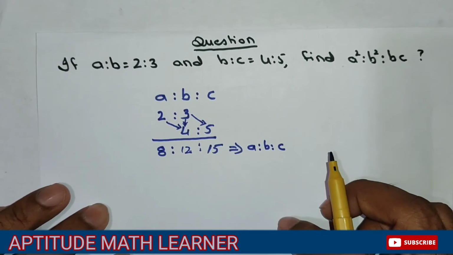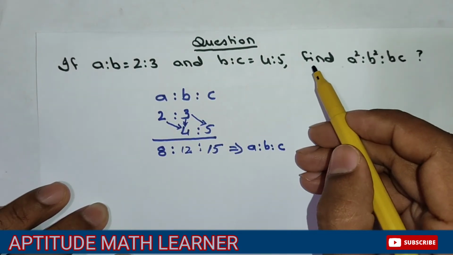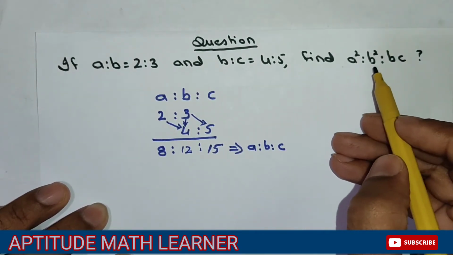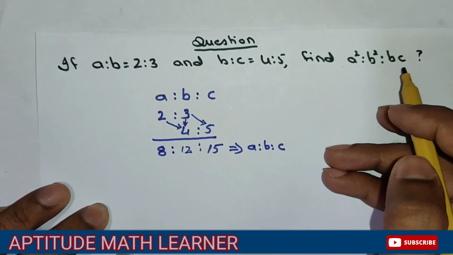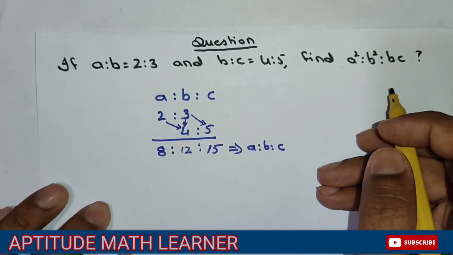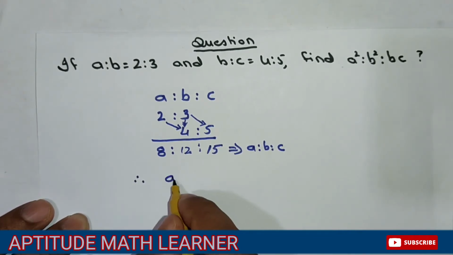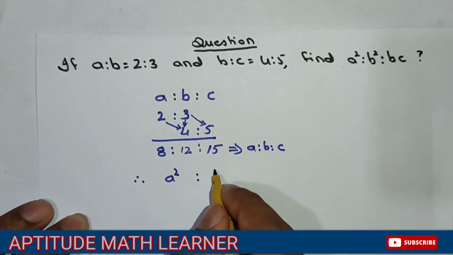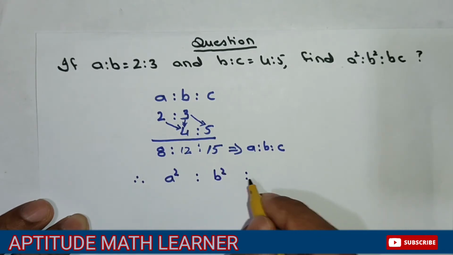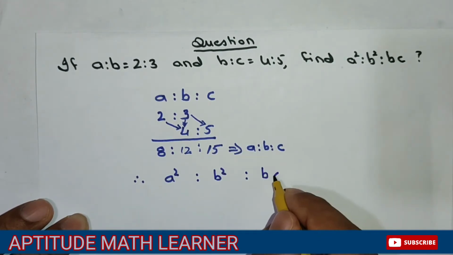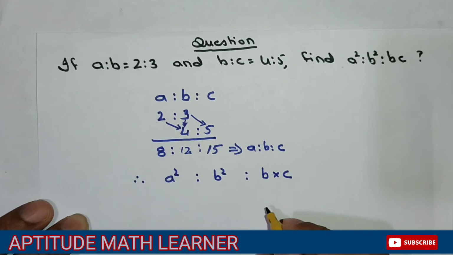And now the next thing which we have to do is find out A square ratio B square ratio B is to C. So therefore, A square ratio B square ratio B multiplied by C is to be found out.